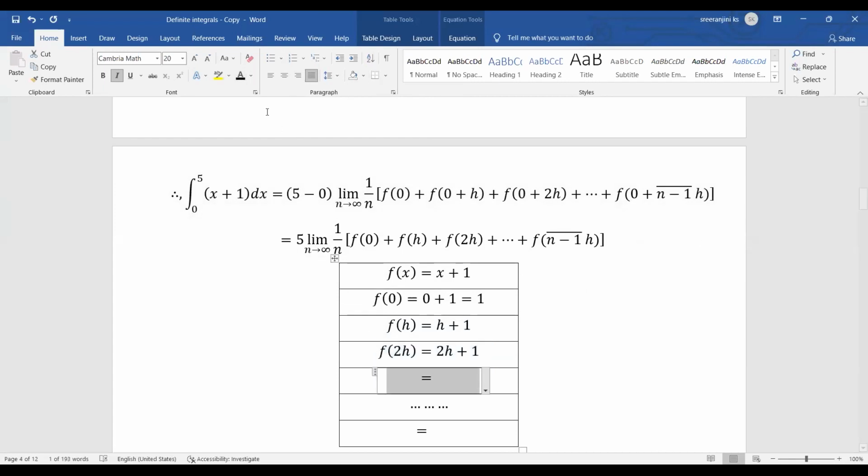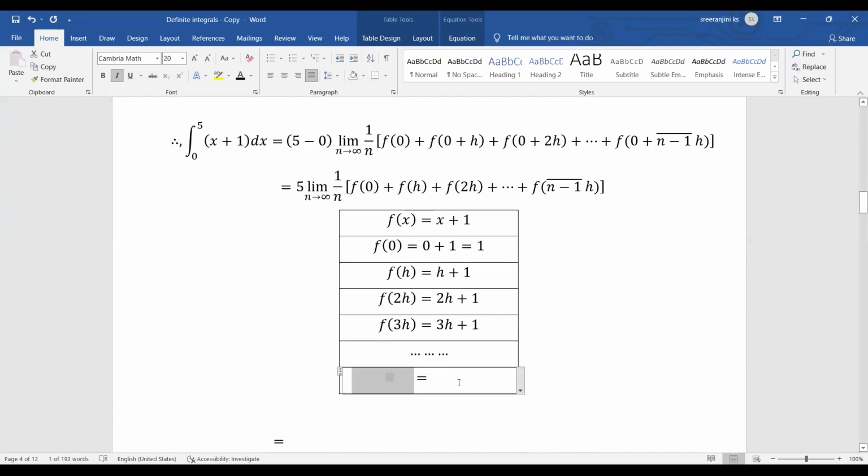F of 3h, replace x by 3h, so 3h plus 1, etc. What will be the value of f of n minus 1 h? F of n minus 1 h is equal to n minus 1 into h plus 1. X should be replaced by n minus 1 h.